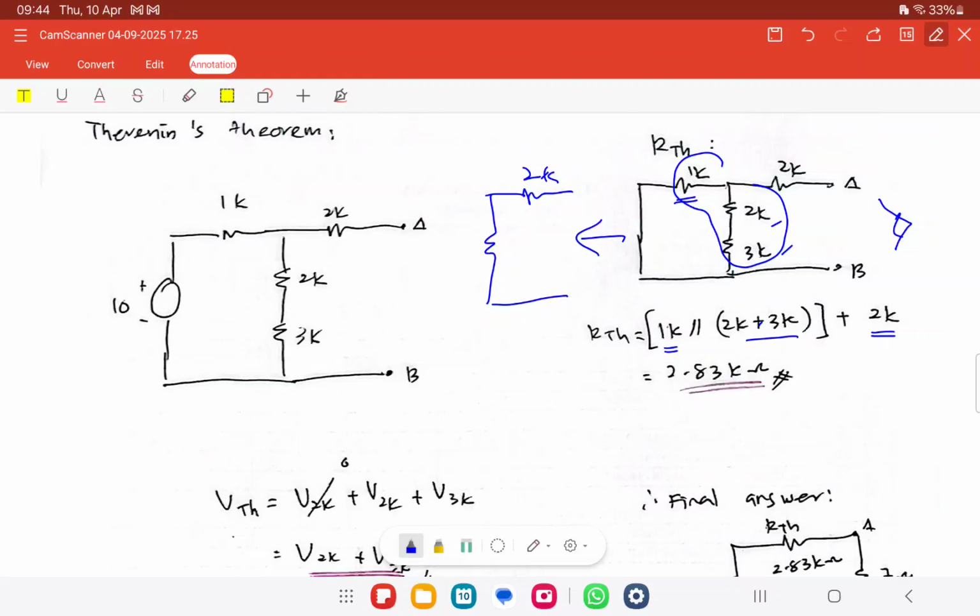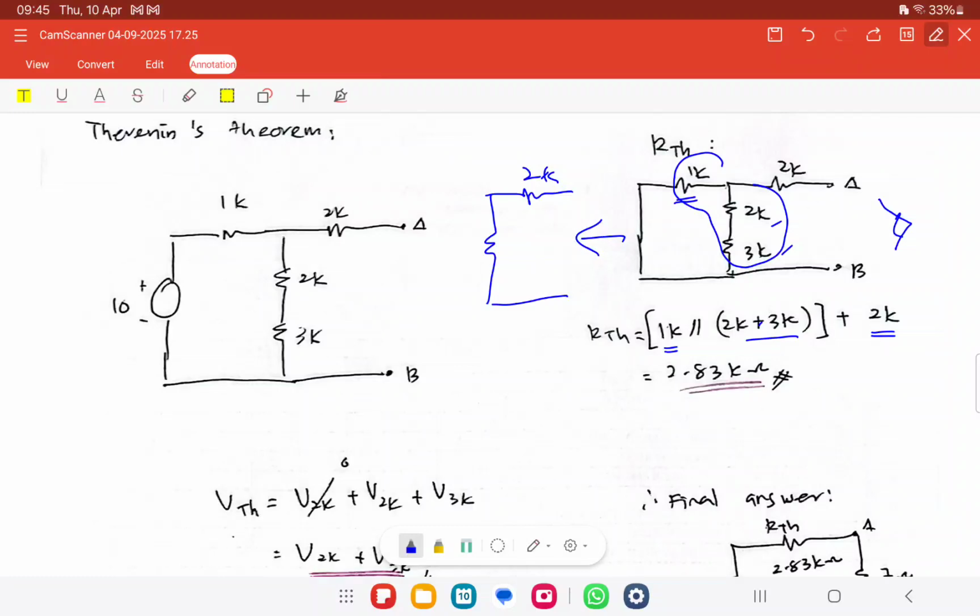Okay, so sekarang ni yang ada adalah 2K ni, yang ni dengan yang ni. So you nak solve this one, you want to use voltage divider, you want to use KVL pun boleh. Okay? Faham? Okay, V2K plus V3K.